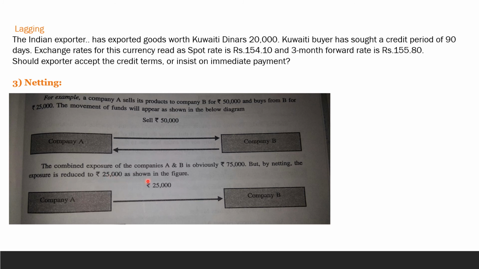So here, making a net payment reduces the risk, that is rupees 25,000 A has to receive from B.